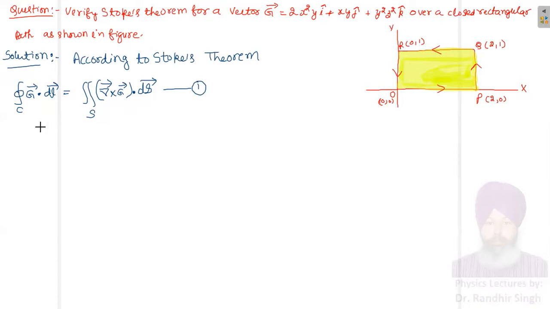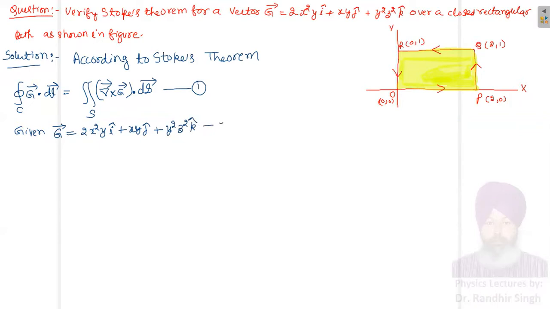Okay, so we are given the value of g. Given, g vector is equal to 2x²y i cap plus xy j cap plus y²z² k cap.